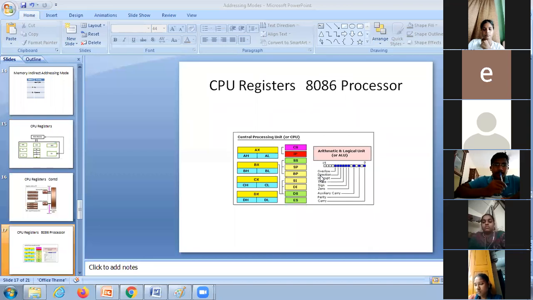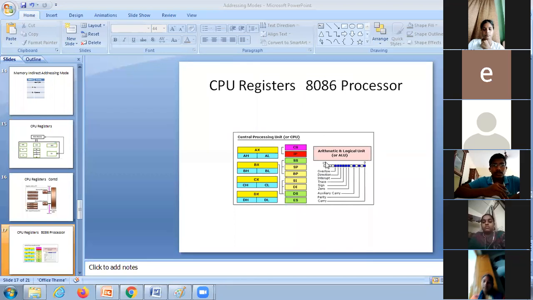This is for conditional instructions. Wherever you are going to use conditional instructions, like while a greater than b, for all those conditions, we are going to use this program status word or flag register.